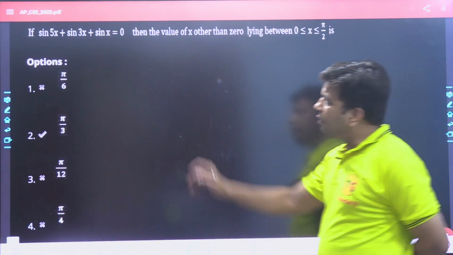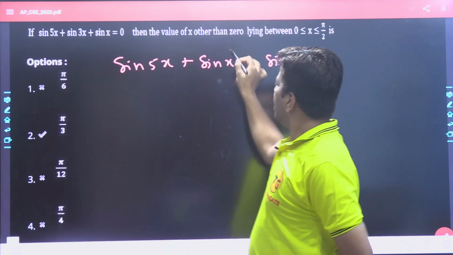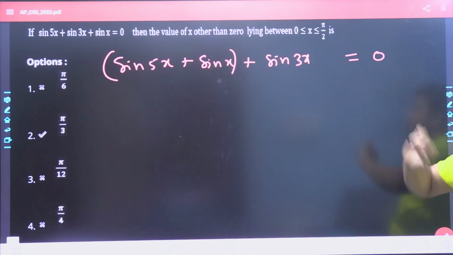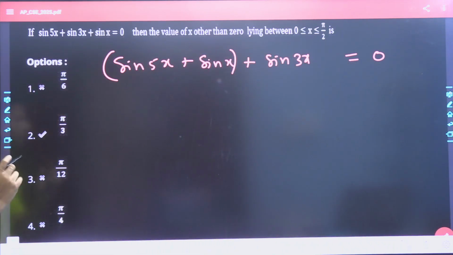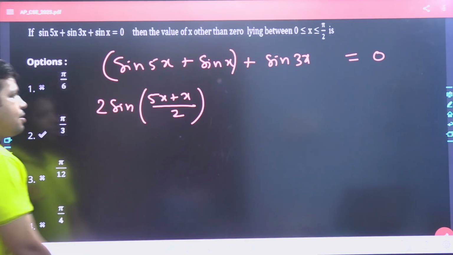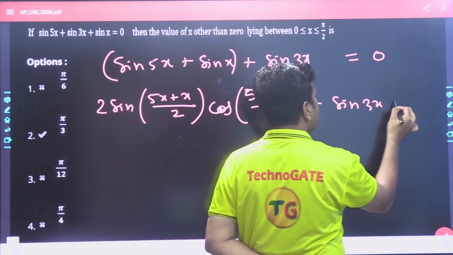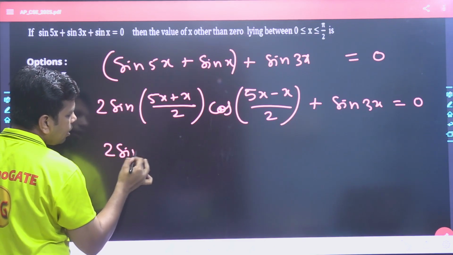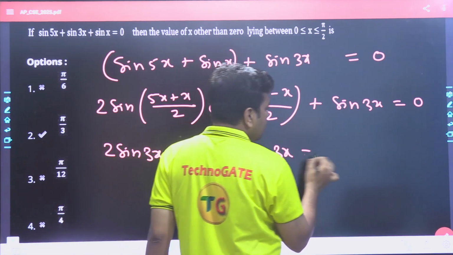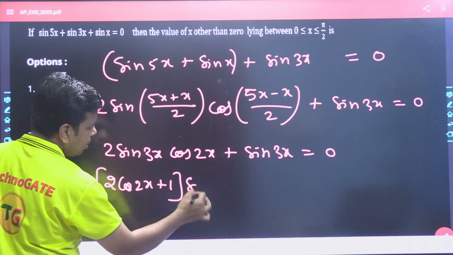It is given that sin 5x plus sin x, using the formula sin a plus sin b equals 2 sin of (a plus b) by 2 into cos of (a minus b) by 2, becomes 2 sin 3x cos 2x. Then plus sin 3x equals, just take sin 3x common, sin 3x times (2 cos 2x plus 1).